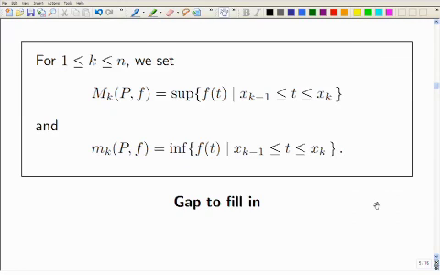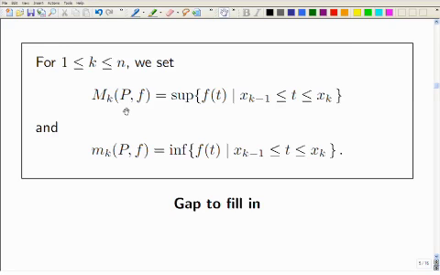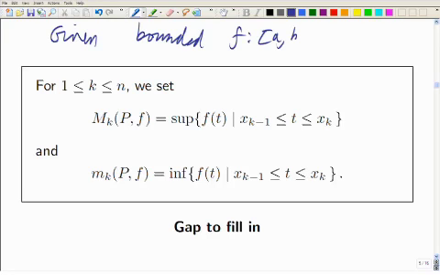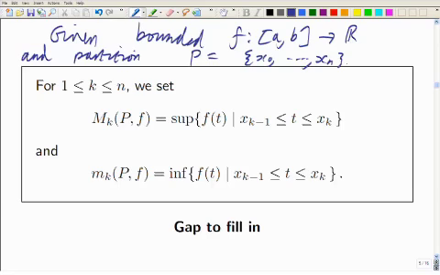And now you've got your function f and you've got a partition P. So you've got a bounded function f on this interval, and you've got your partition.